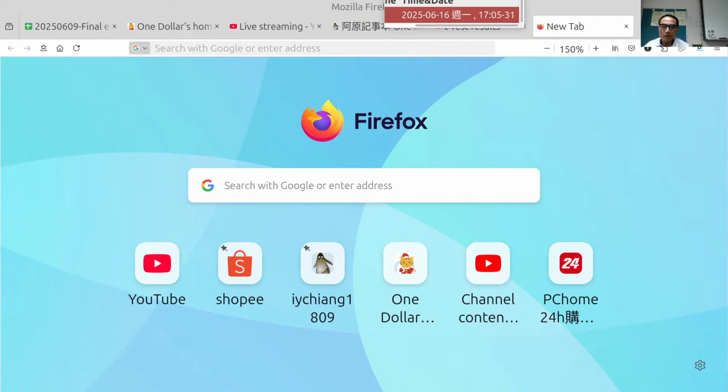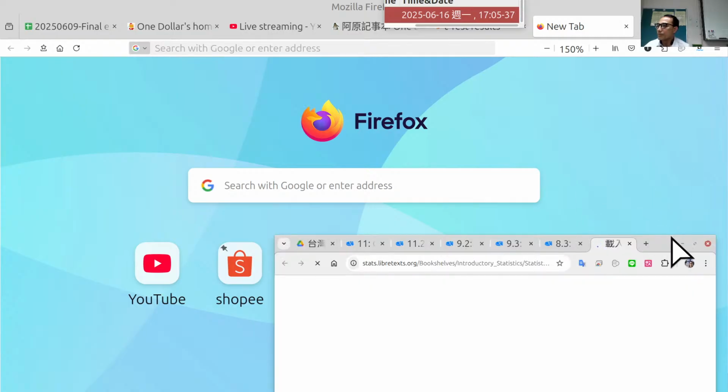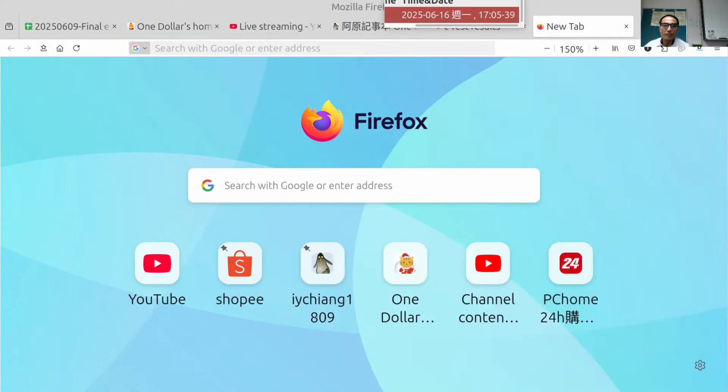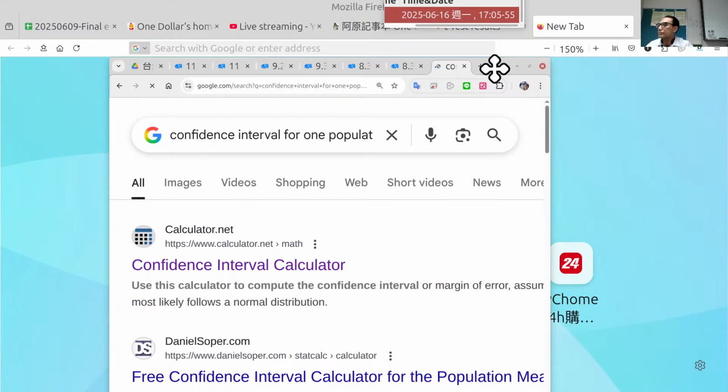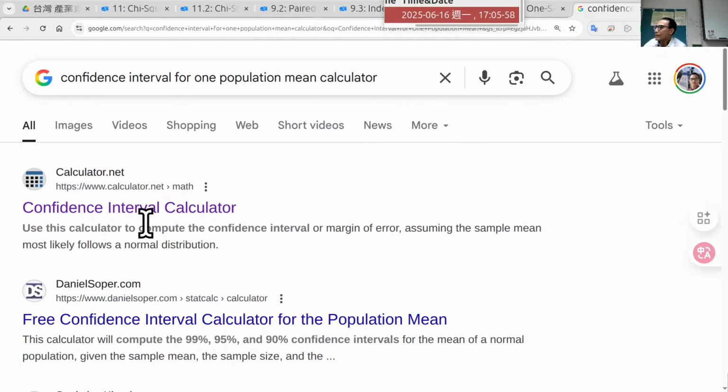Oh, a minute, please. I forgot the website. We can use this one, the confidence interval calculator.